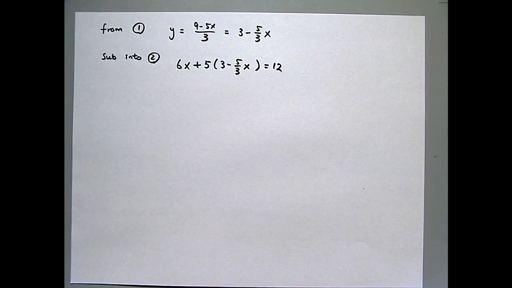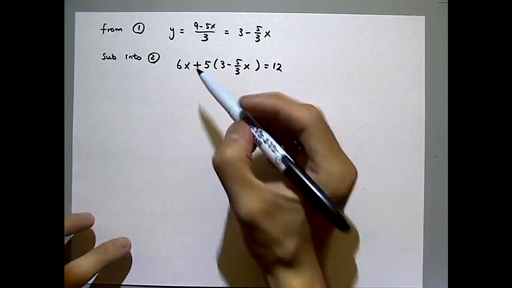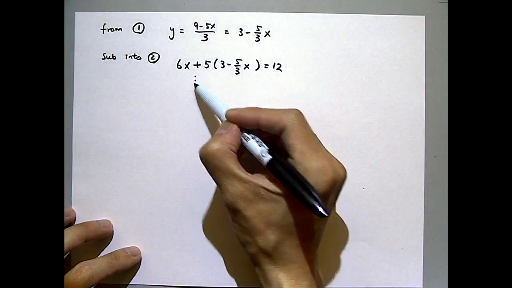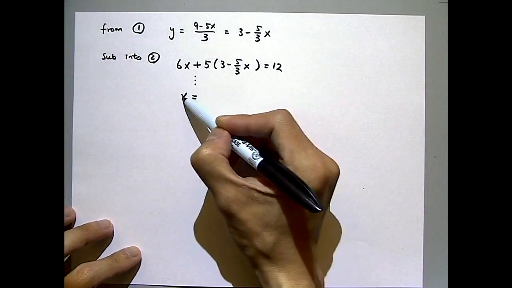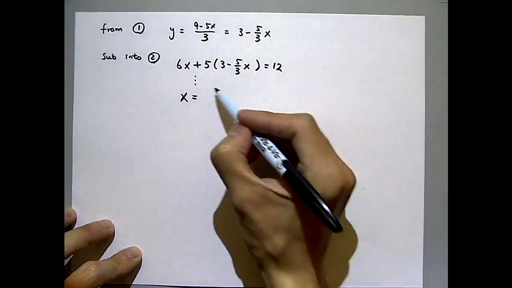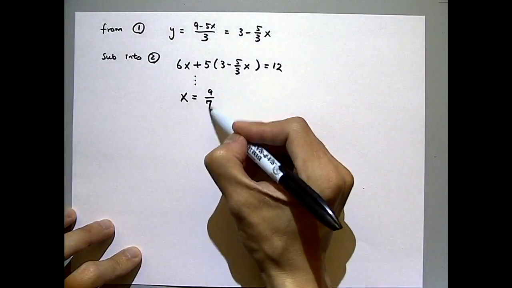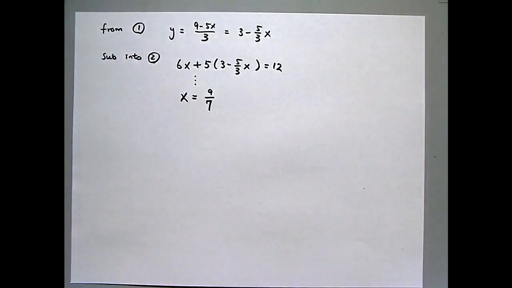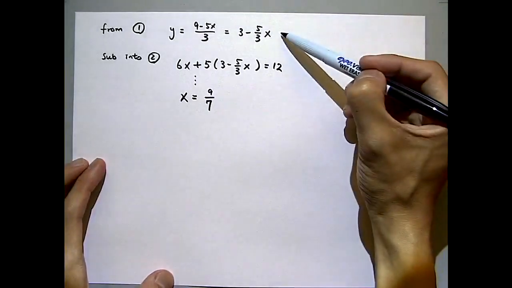This is very, very simple stuff. After a few quick algebra steps, you should get x is equal to 9 over 7. If you know x, you know y from this equation up here.